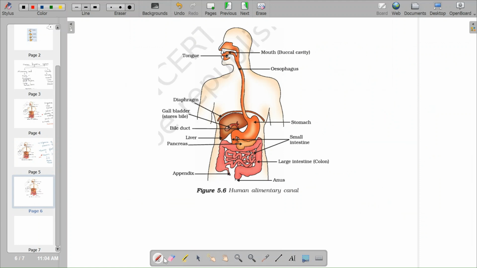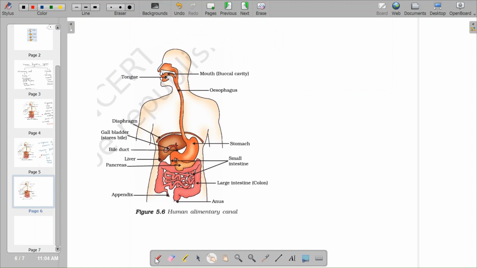First we will discuss the role of the liver. The liver is a digestive gland. What is the secretion of the liver? It secretes bile. The bile is stored in the gall bladder.